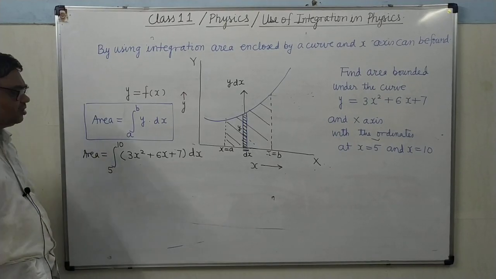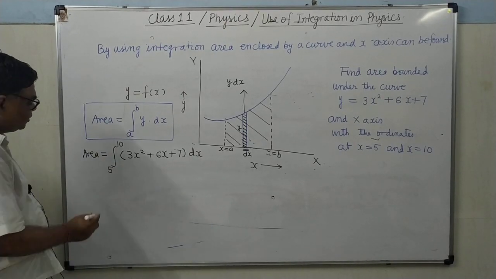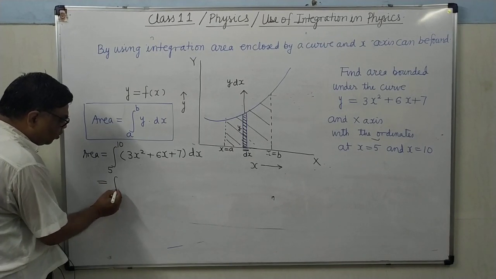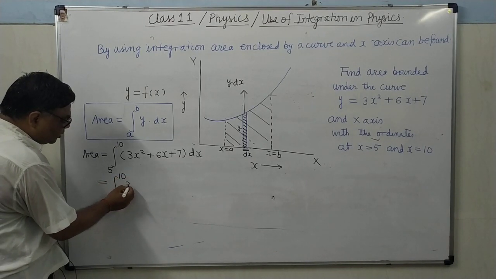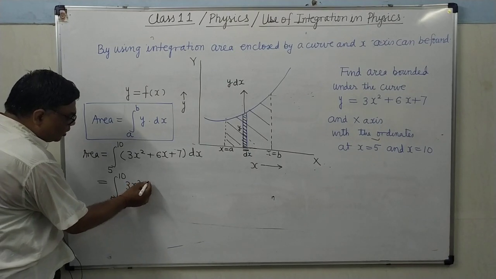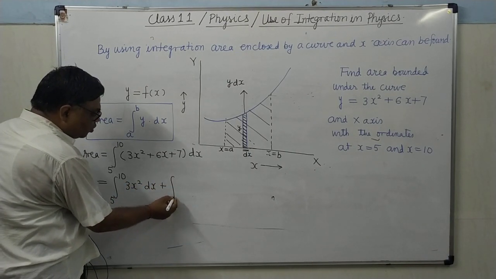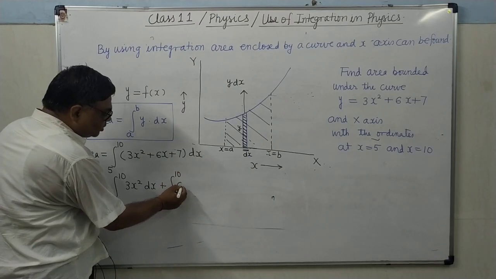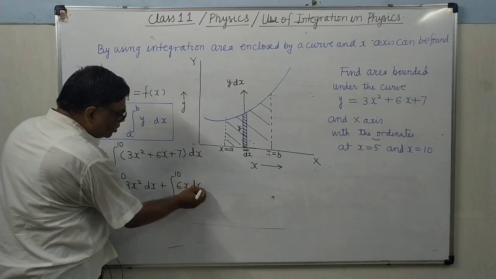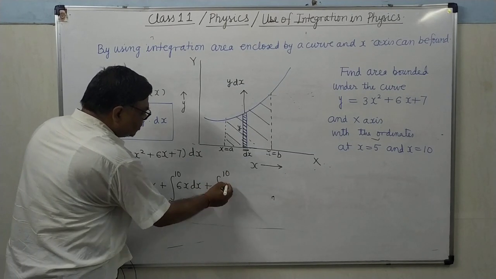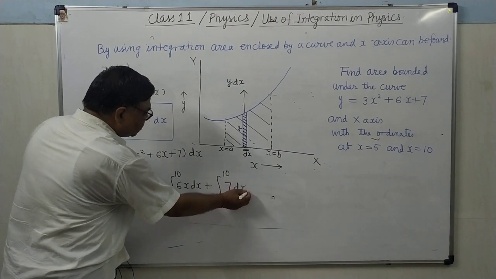Now, just like in differentiation, we will separate it. So it is integral 5 to 10 of 3x square dx plus integral 5 to 10 of 6x dx plus integral 5 to 10 of 7 dx. It's clear.